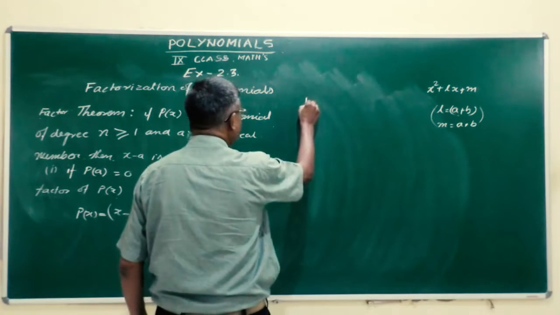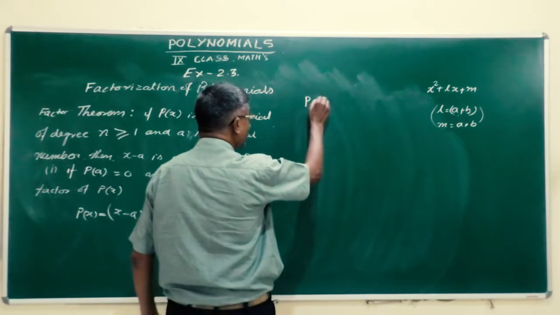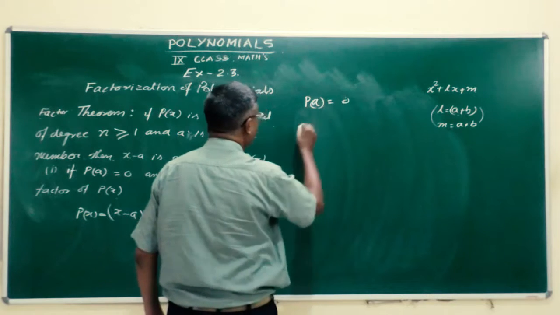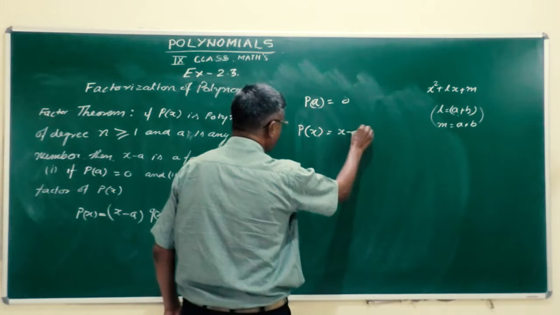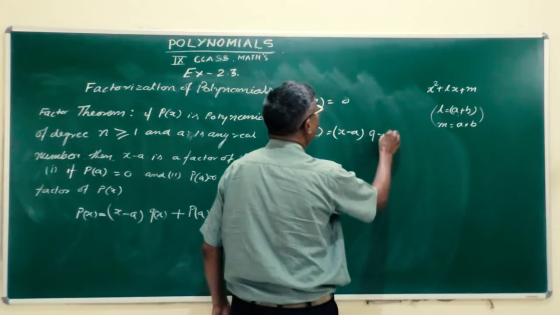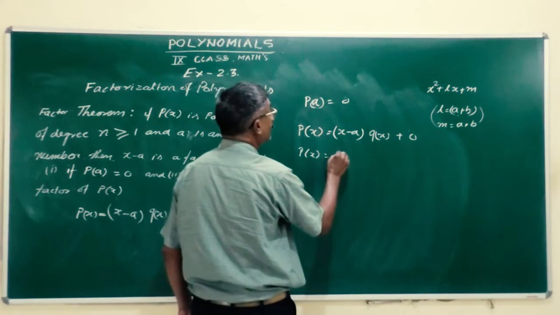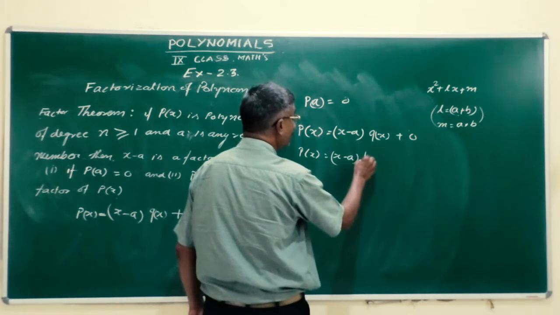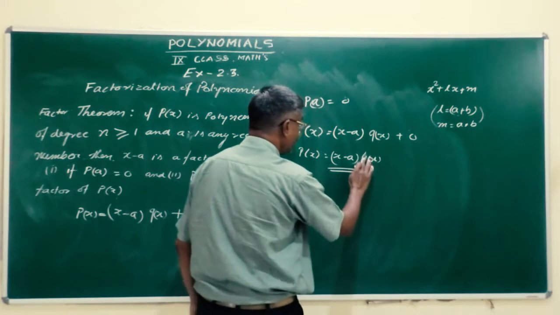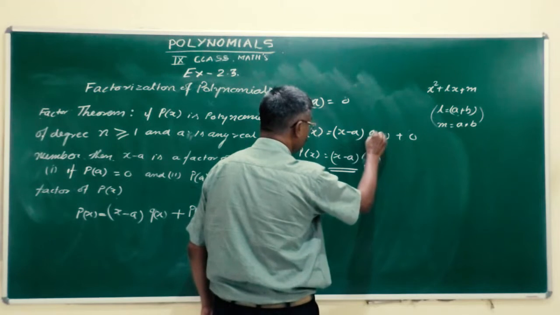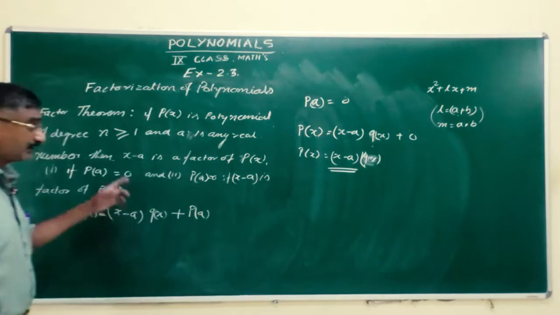If pa is equal to 0, the remainder is 0, so definitely px is equal to x minus a into qx plus 0. So px is equal to x minus a into qx. So x minus a is a factor of px, clear.